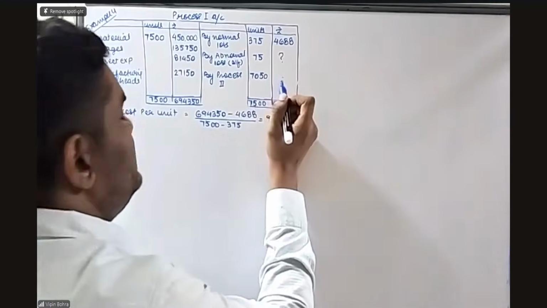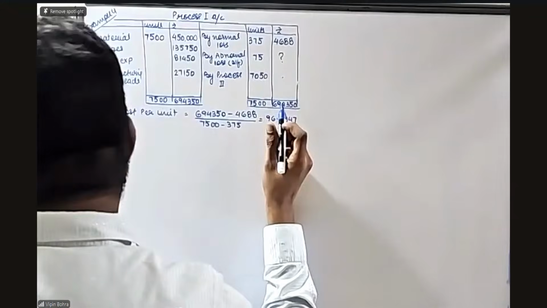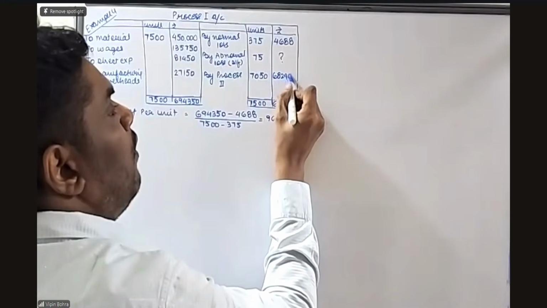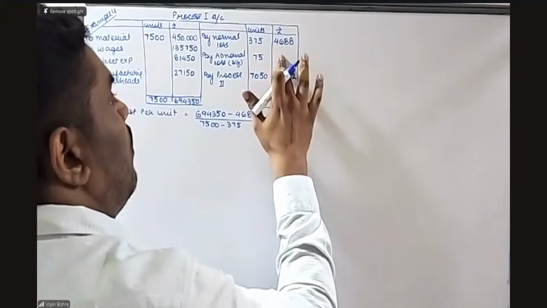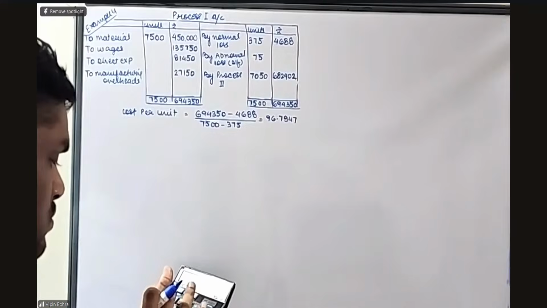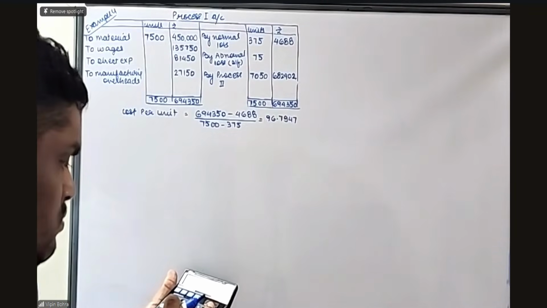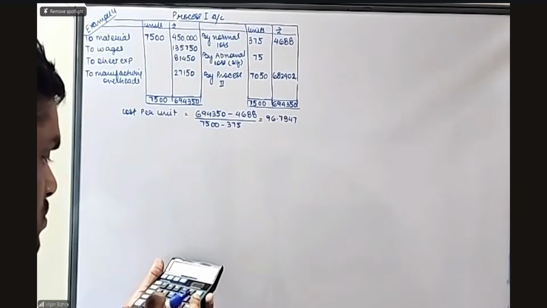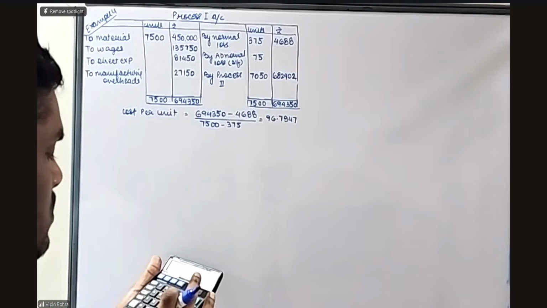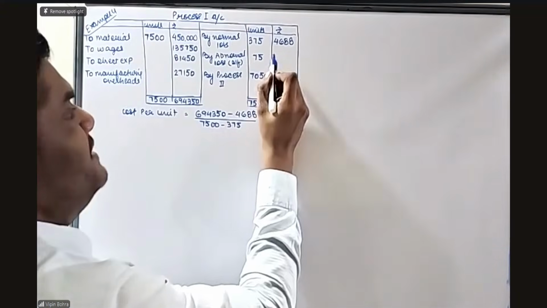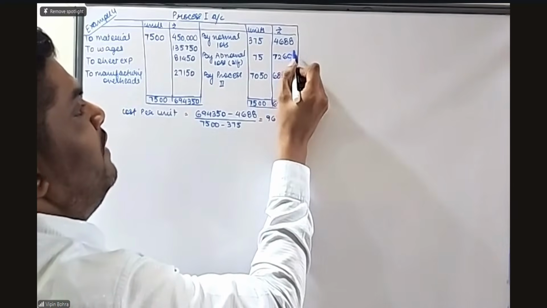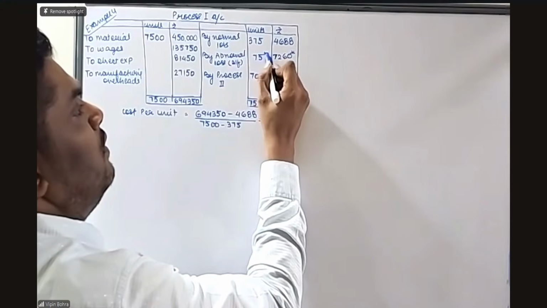So this will be 682,402. And this will be 7260. We can call it the balancing figure also.